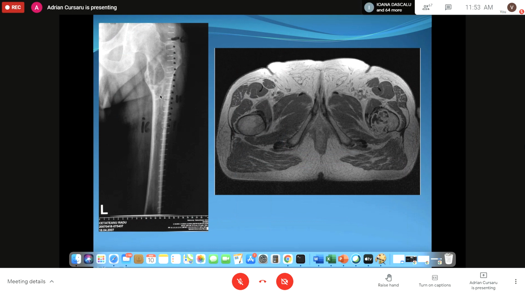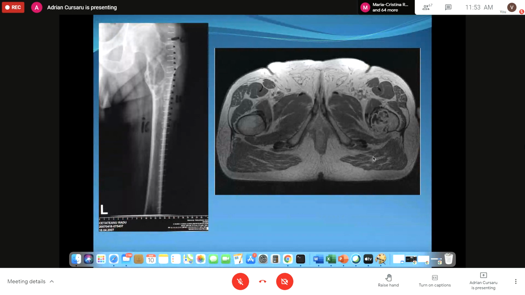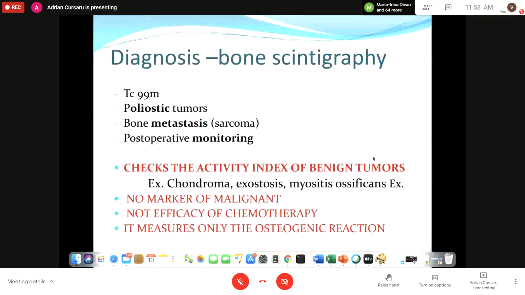You can tell me that the affected bone is quite well delimited in comparison to the normal bone, but when you are looking at the CT scan, at the MRI, you can see the invasion of the soft tissues here, and it is very important to see that, because in that image you can say it's an intracompartmental type of extension of the tumor, but if you make the MRI, you can establish, and you should establish, that it's an extracompartmental type of tumor, and it is a high probability to have a malignant tumor.